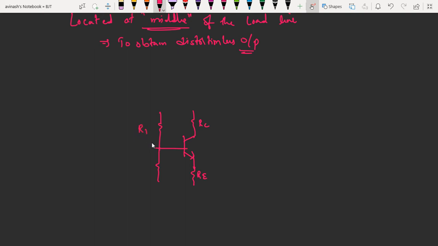Let us find the operating point for the self-bias circuit. So this will be VCC and this will be the ground. This is also ground. Okay. Now you have to remember one point here. Find the Q point, operating point.